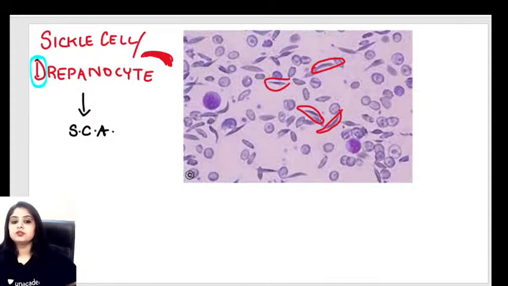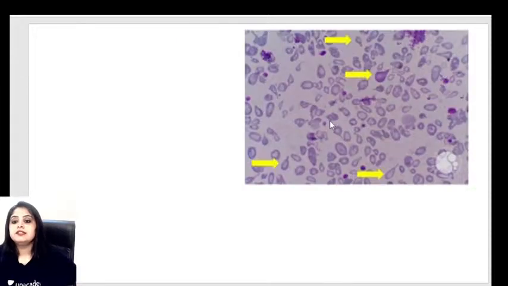There's a third D that also comes in red blood cells, and this is the third D. Sometime back someone told me, ma'am, it's the teardrop cell. See, a teardrop cell should look like a teardrop, like a drop of water, like a drop of tear, right? And this is how a teardrop cell will actually look. Can you see this cell over here? It's looking like a teardrop.